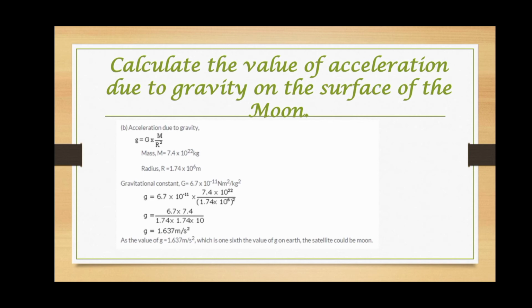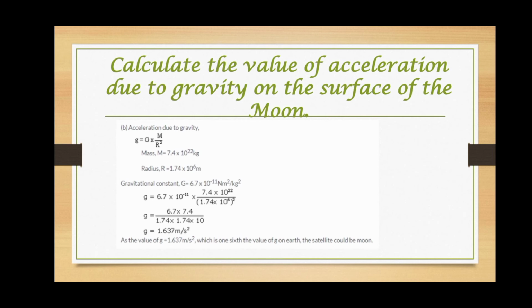That means 1.74 into 10 raised to 6 meters. Then we have the value of the gravitational constant, 6.7 into 10 raised to minus 11 Newton meter square per kilogram square. By substituting the values in the formula, we get the value of g on the surface of the Moon as 1.63 meter per second square.